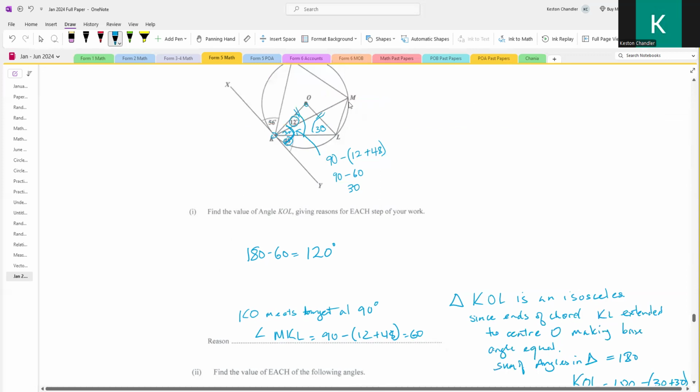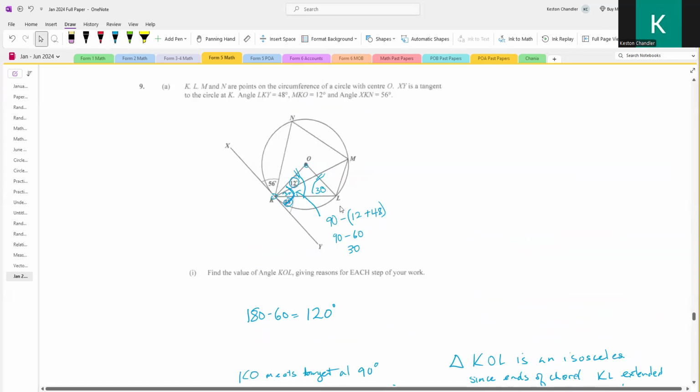L, M, N. L, M, where N? Okay. So this is the opposite angles in your cyclic quadrilateral.